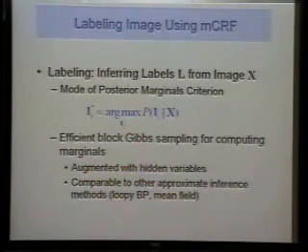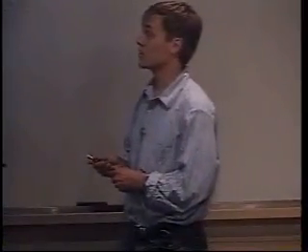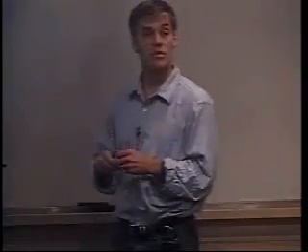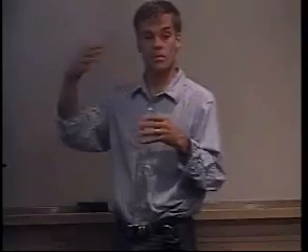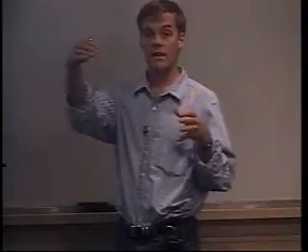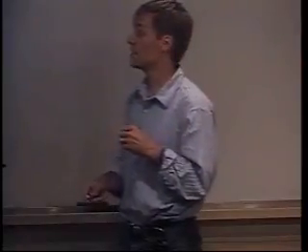This can be done using an efficient sampling method for computing these marginals. Because it's a restricted Boltzmann machine, you can sample back and forth between the label field and the hidden features that we learned. So it's a block Gibbs sampling scheme.